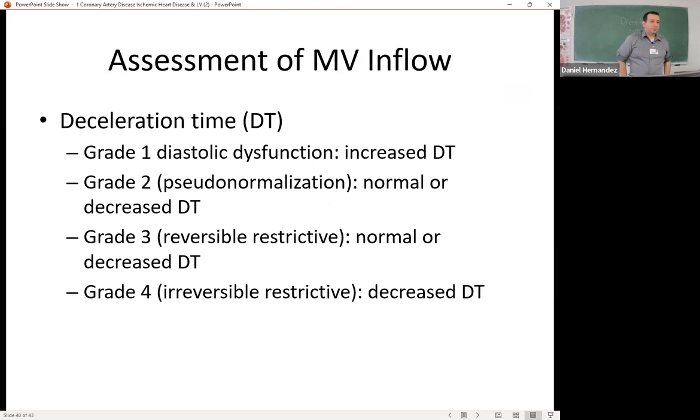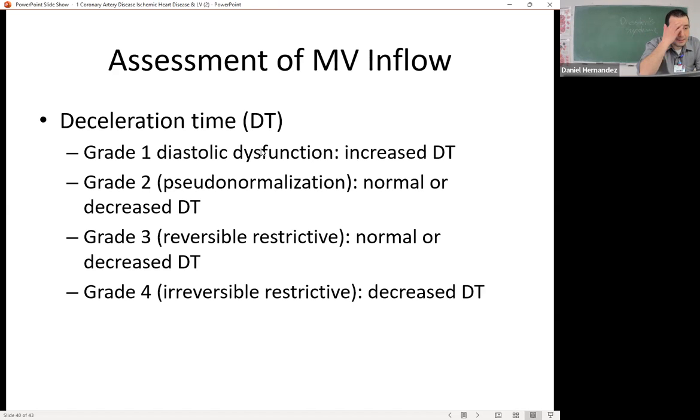So with our mitral valve inflow assessment for determining diastolic dysfunction, in addition to our E to A ratio, we're also going to assess our deceleration time, the time it takes to go from peak E down to the baseline.